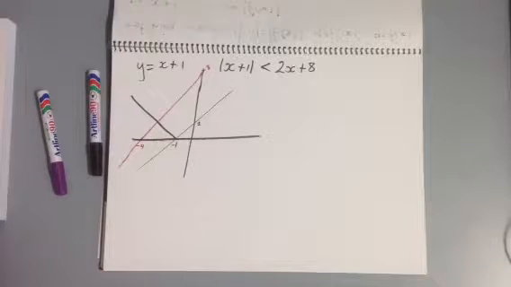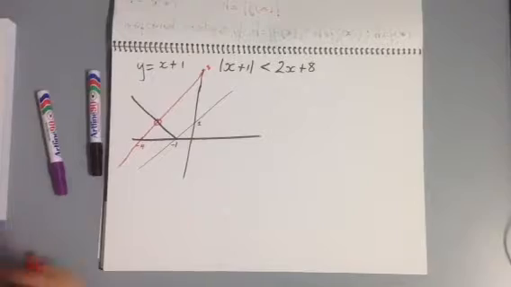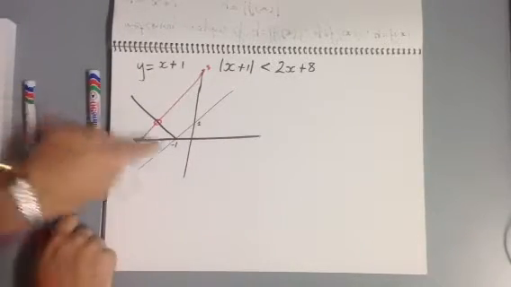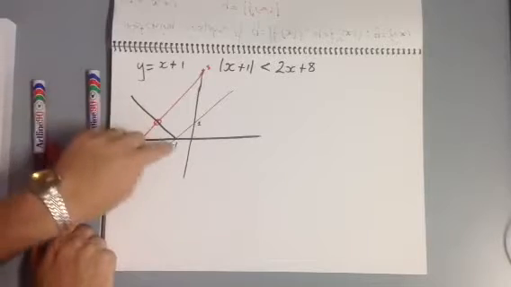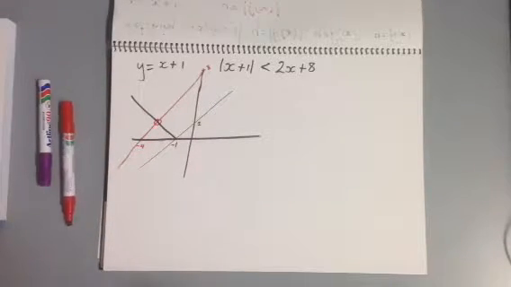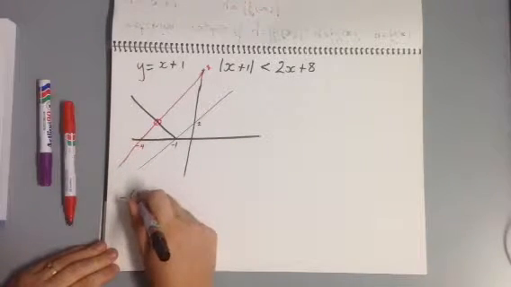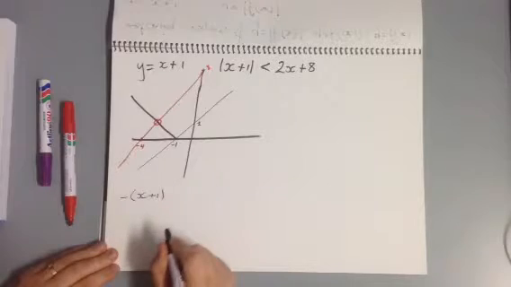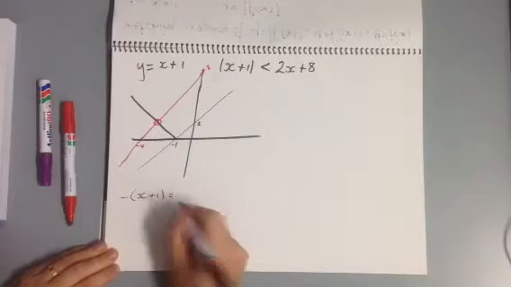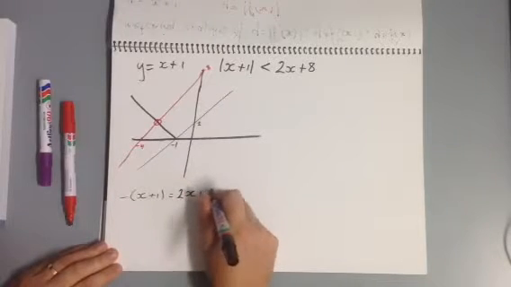Now of course we need to know what this point is. Where do they intersect, so we know when we're below this one? Well, we need to think, what equation is this here? Well, it's where we've had to reflect it. So we actually have negative x plus 1, and we need to find when that is equal to our 2x plus 8.